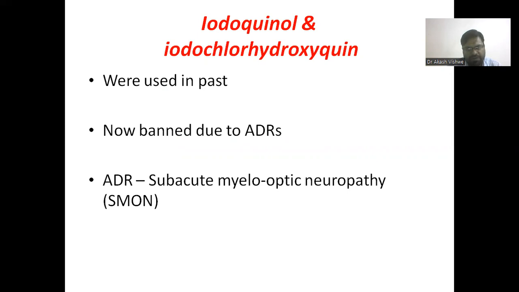These were very famous and were used in the past, but are now banned due to a specific ADR, subacute myelo-optic neuropathy. It occurred in Japan, and many thousands of people were affected with this. From that incident, it was stopped.